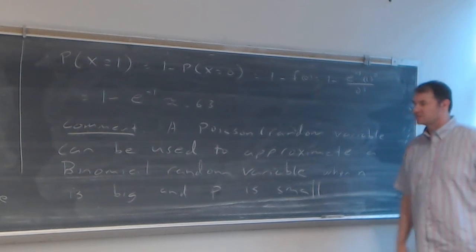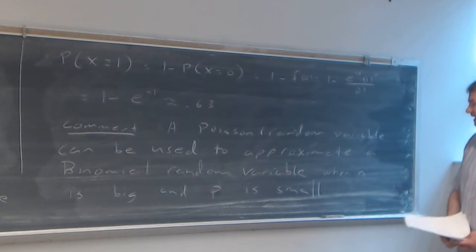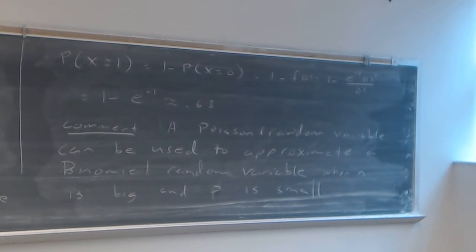Okay? Remember, n is the number of trials for a binomial random variable, and p is the chance of success. Well, let me give the idea, sketch a proof of why this is true.